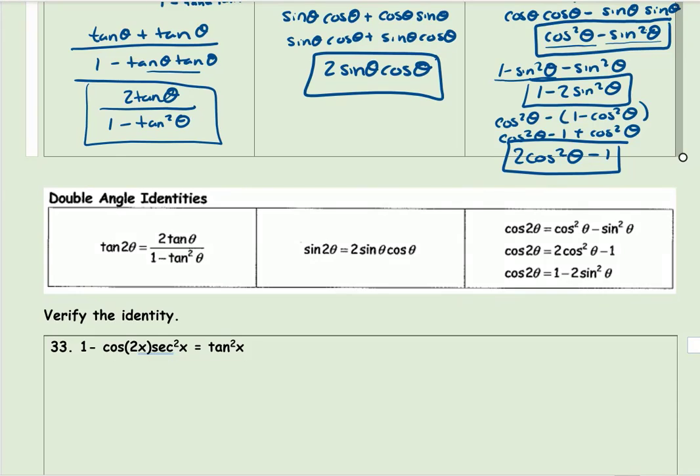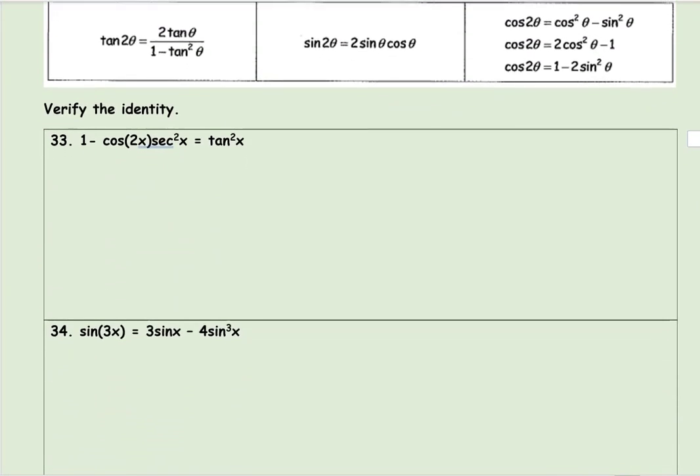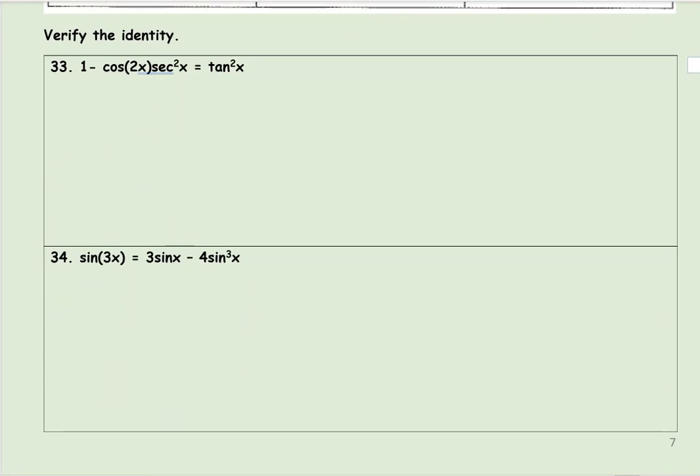And what we're going to do first is we're actually going to verify an identity. We have 1 minus cosine of 2x times secant squared x is equal to tangent squared x. Now, that left side is definitely more difficult.